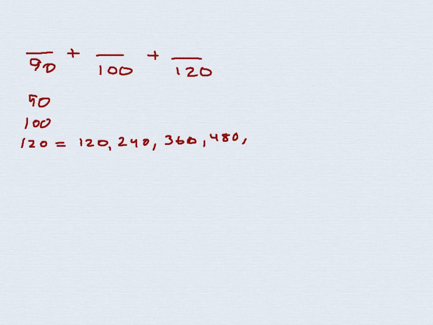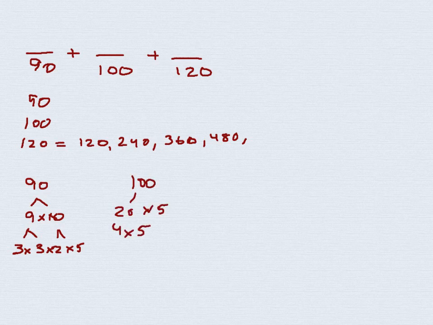Don't shy from the other method. 90, I'm going to do 9 times 10. Break down 9 into 3 and 3. Break down 10 into 2 and 5. 100, I'll do 20 times 5. So 4 times 5 times 5.